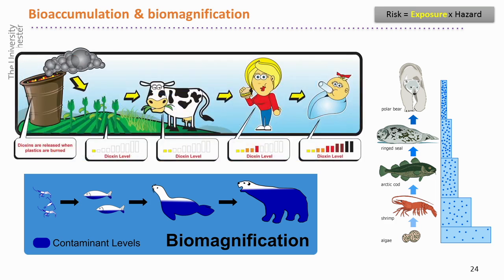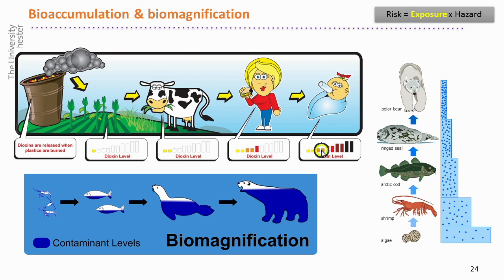Another example of this is dioxin, which comes from plastic that's being burned, for example, and goes up the food chain through the vegetable, the cow, and so on, and can go all the way down to the baby, typically.